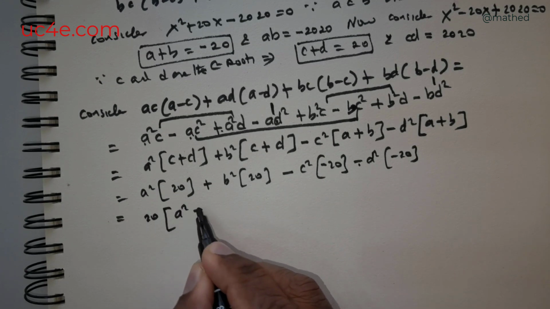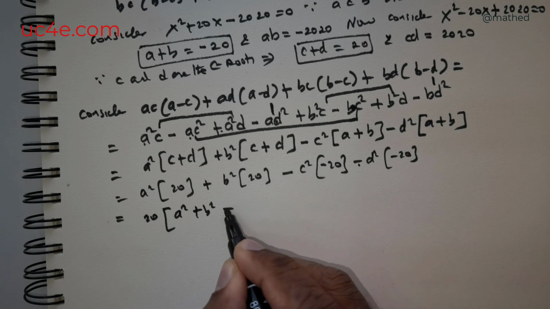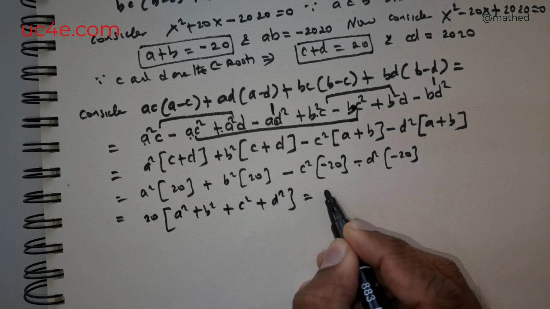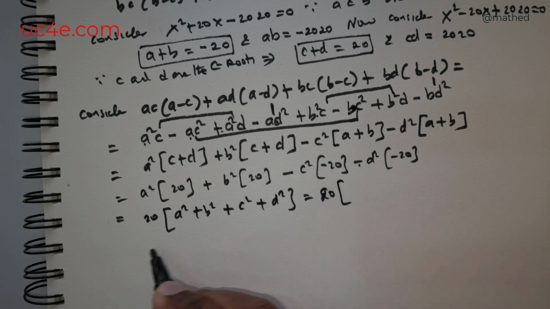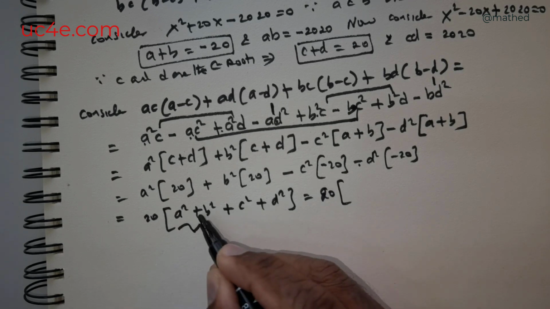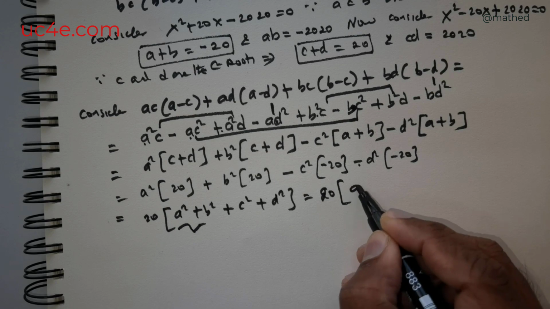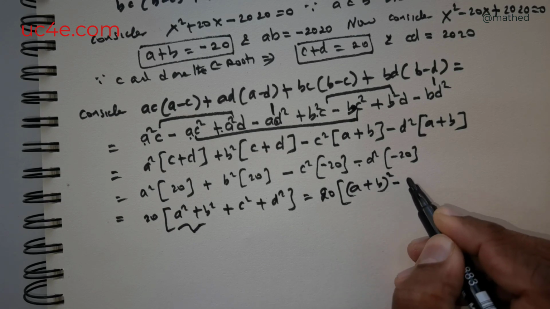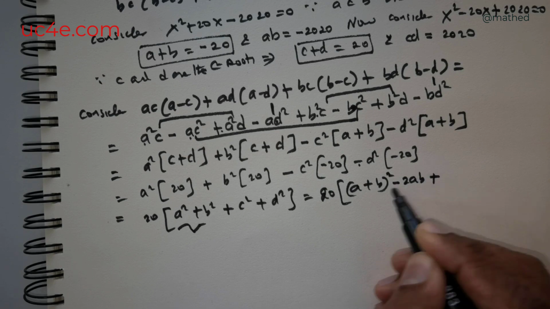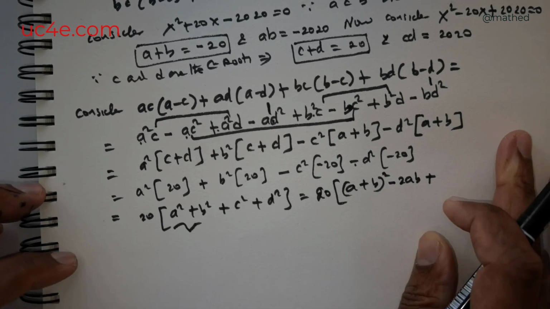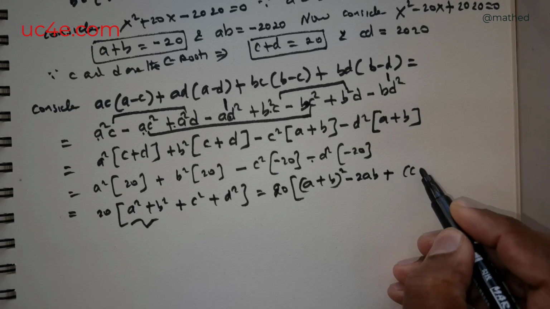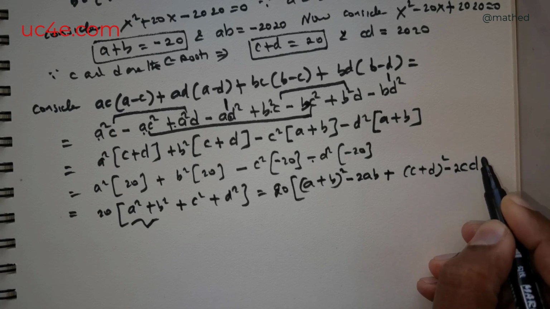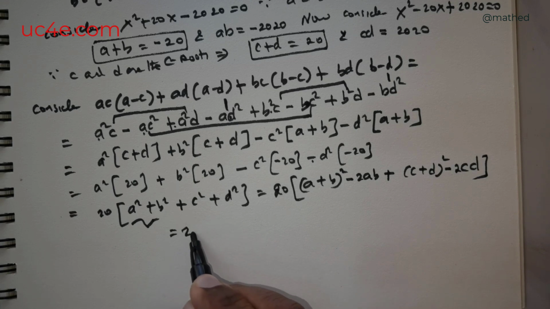This would give me A squared + B squared, negative times negative is positive, C squared + D squared. Now I can write A squared + B squared as (A + B) raised to the power of 2, minus 2AB. Similarly, C squared + D squared, I can write as (C + D) raised to the power of 2, minus 2 times CD.